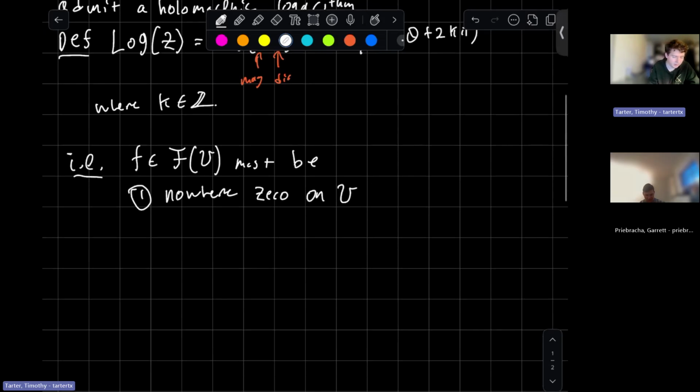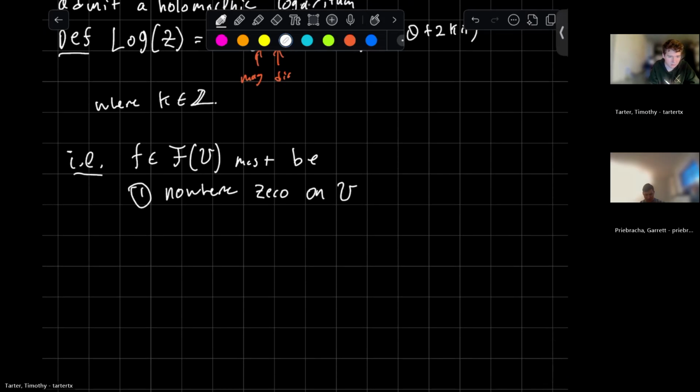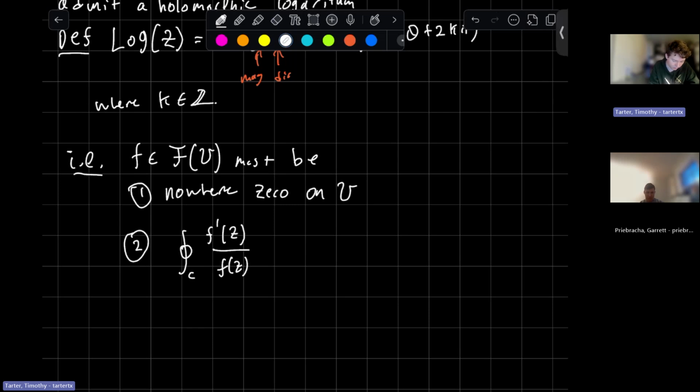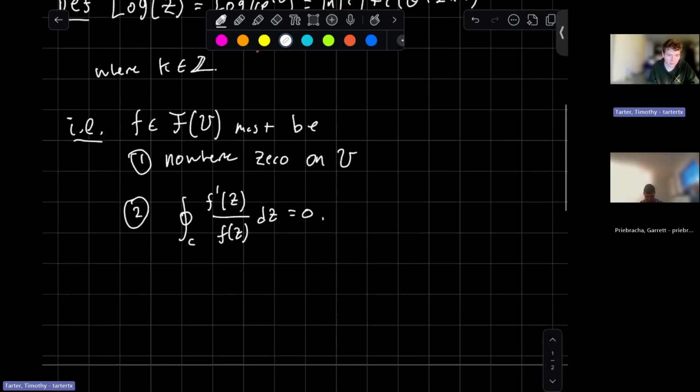And then its contour integral for every closed curve in the domain must be analytic.